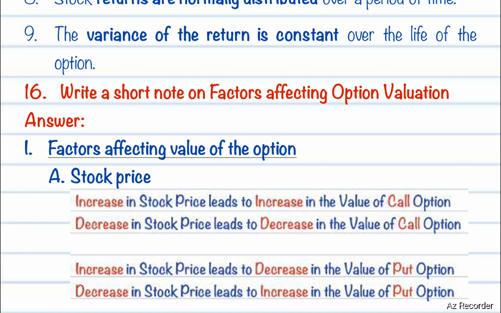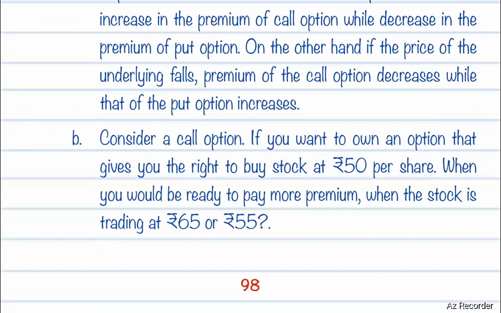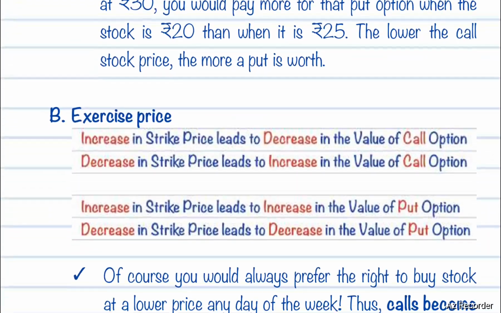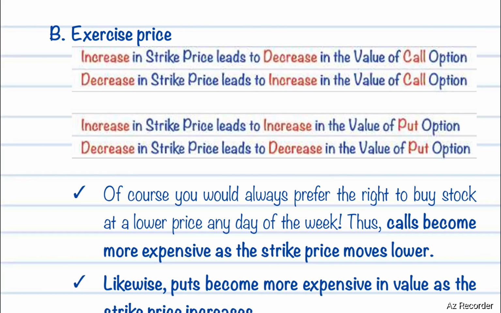Factors affecting option valuation. First one, stock price. Stock price is directly proportional to call and inversely proportional to put. Next, exercise price. Exercise price is inversely proportional to call and directly proportional to put.